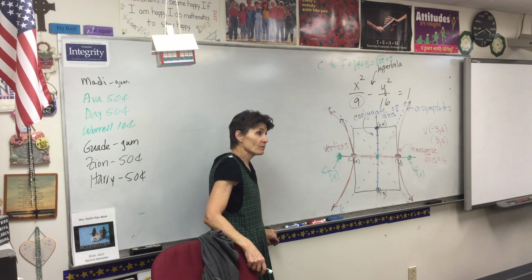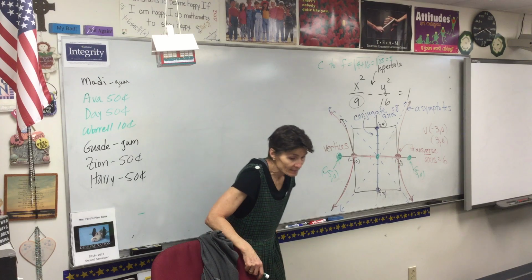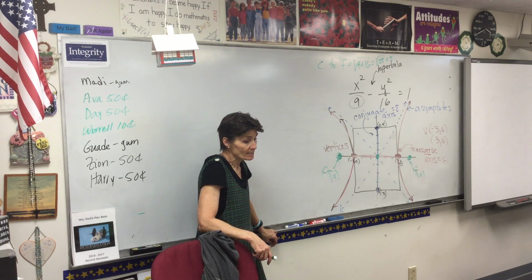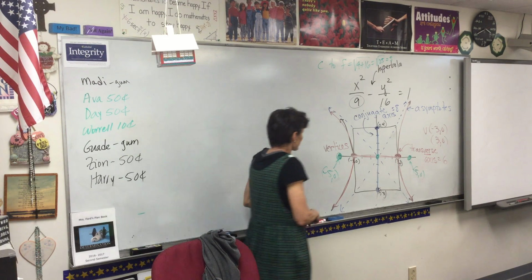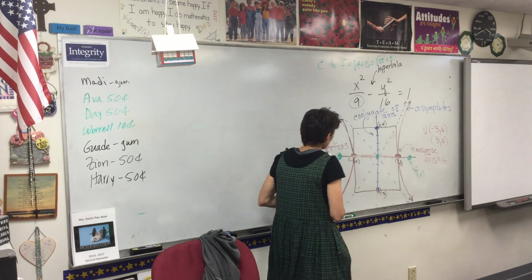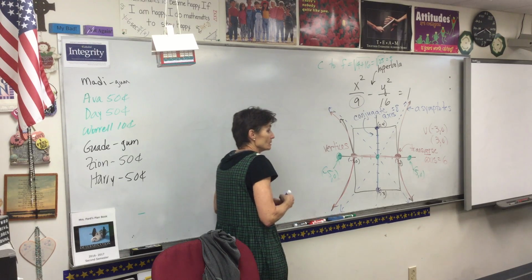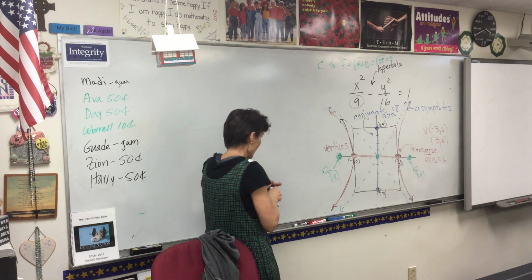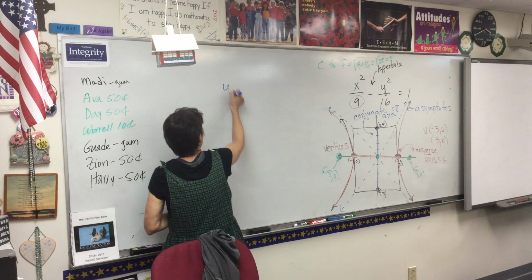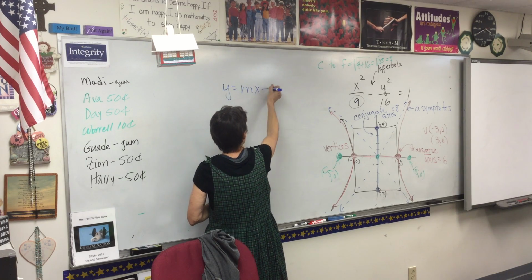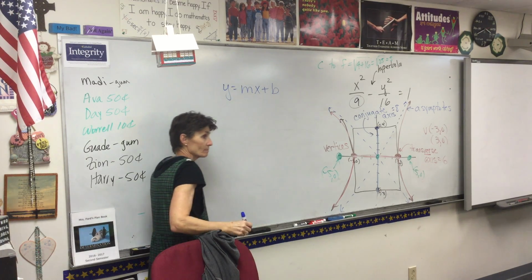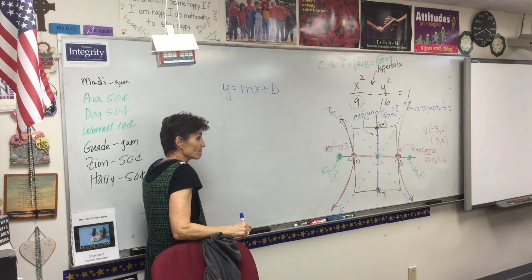Now, there's one more thing we have to find. We have to find the equations of the asymptotes. So we are going to find the equations of these blue lines. Okay? Now, equations of lines, I'm thinking y equals mx plus b. Right?